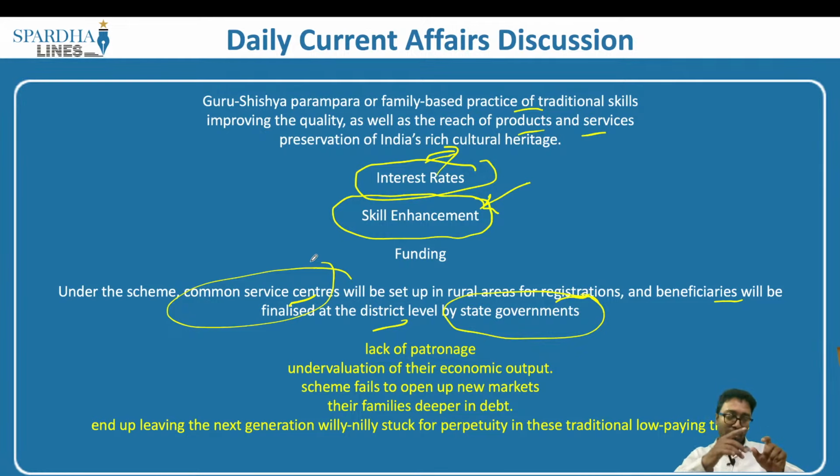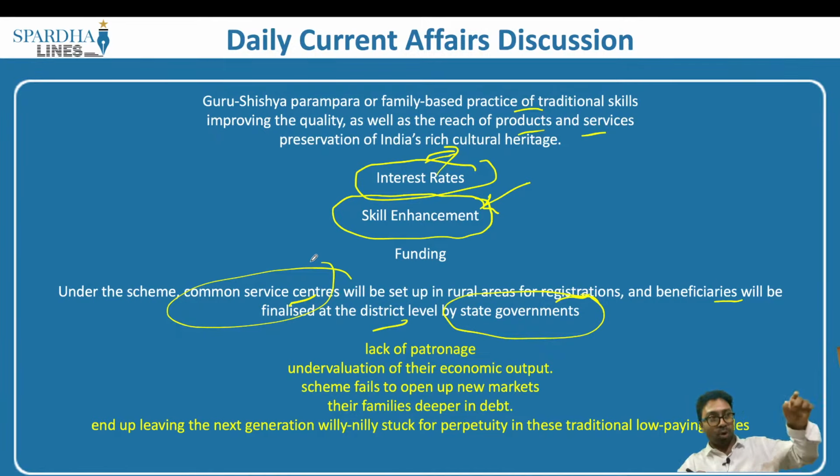Now I am also provided loans, at a very low interest rate as well. What if, after I have taken the loans and released my product into the market, there is no one else to buy it? There is lack of patronage, there is no section of the people who are buying this particular product, and as a result I would have taken debt, I would have taken a loan as well.